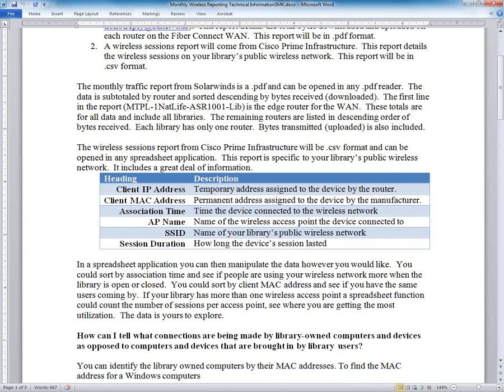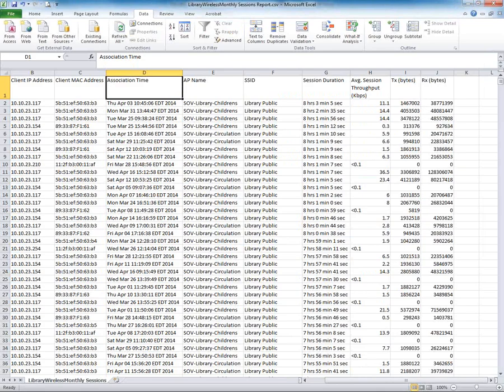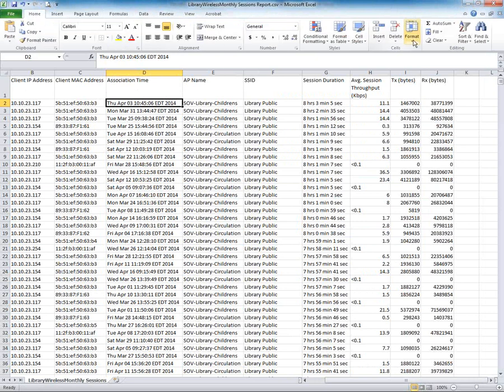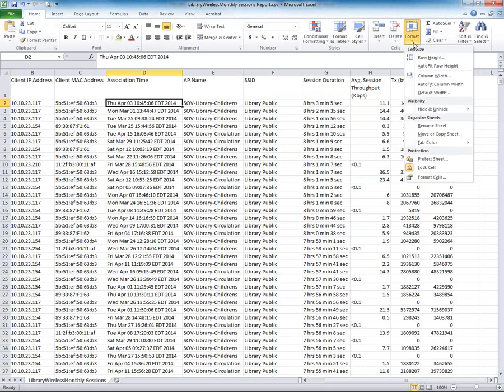So if we're looking at that spreadsheet, it would be a sort on this data. The thing I would want to make sure before sorting on this data is to make sure that it actually is formatted as a time.